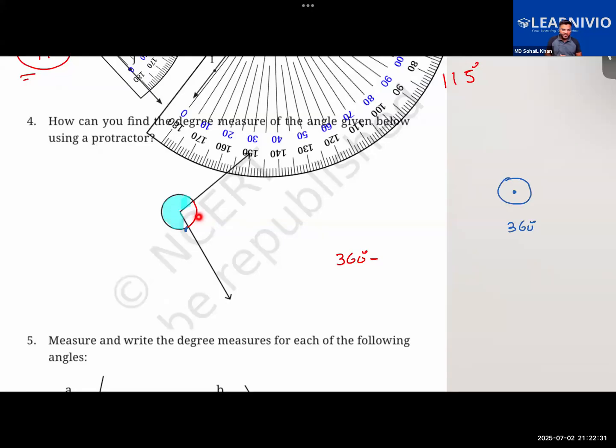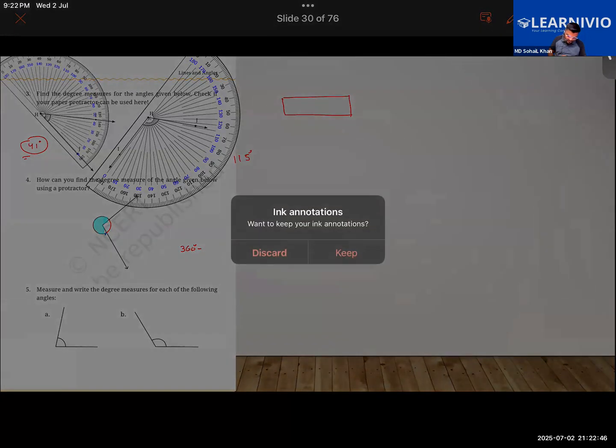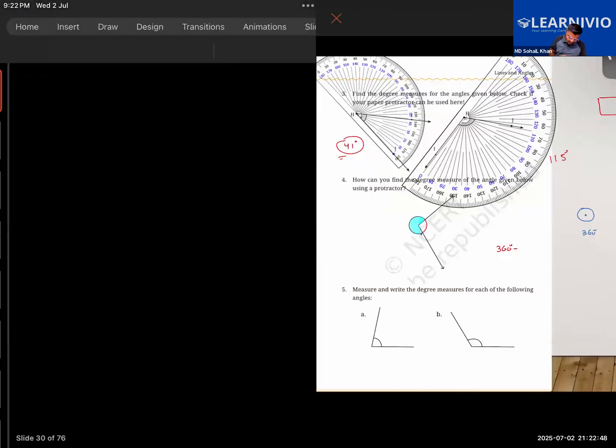If you find out, how much is it? 110, this one you're telling. Okay, Nafis, how much were you getting? Something around 110 or 100.